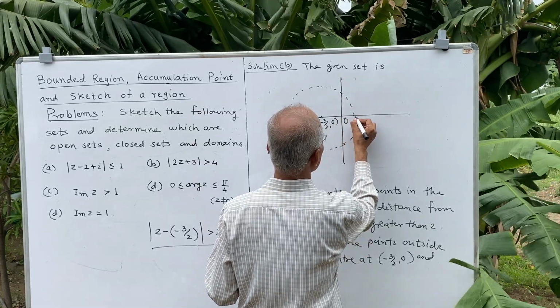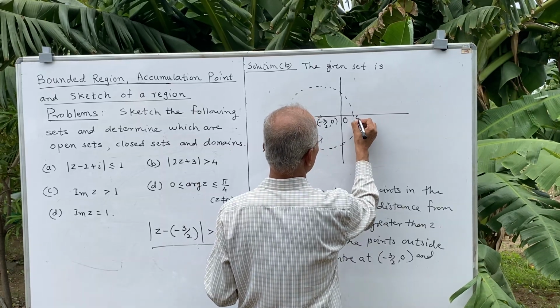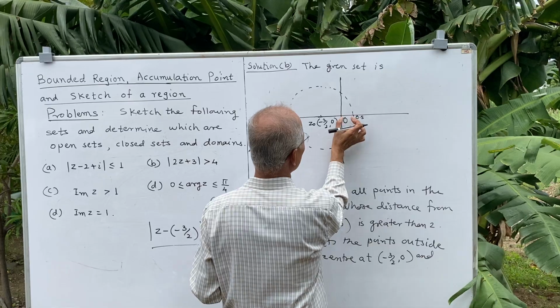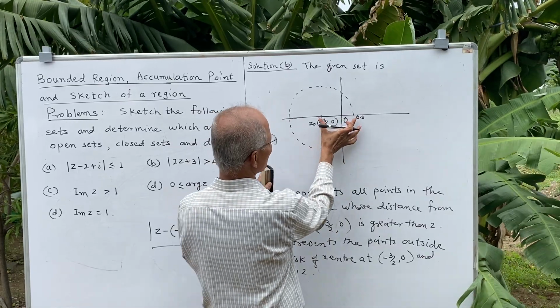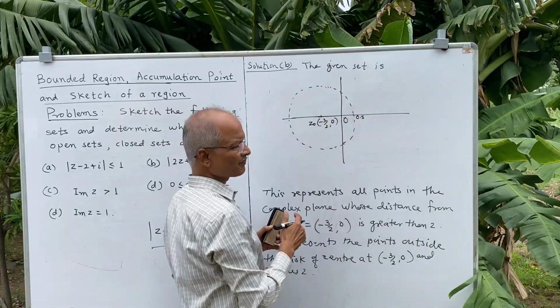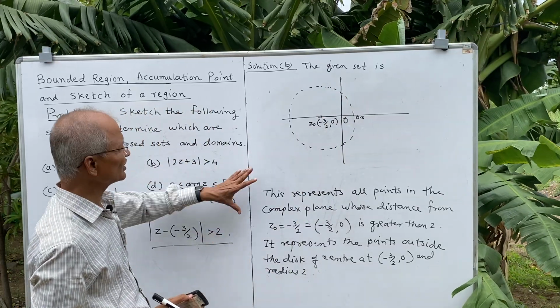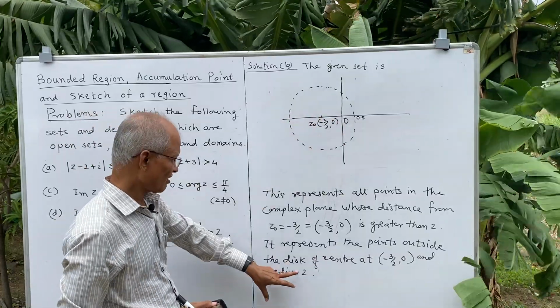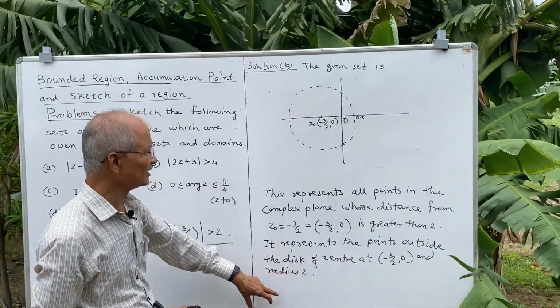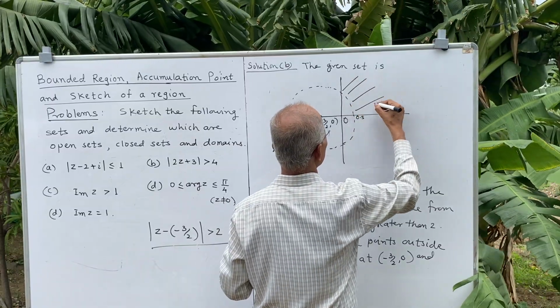So this is the origin, this is the point, say 0.5, this distance is 0.5, this is minus 3/2, total radius will be 2, and all those points greater than 2, those points which are outside this disk, or it represents the points outside the disk, can be shown by this shaded region.